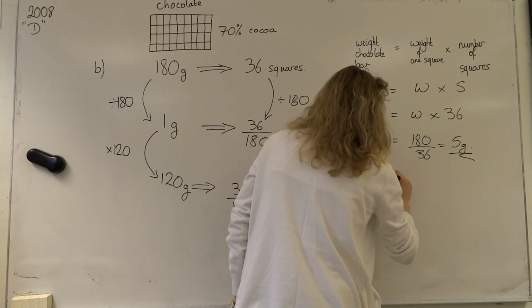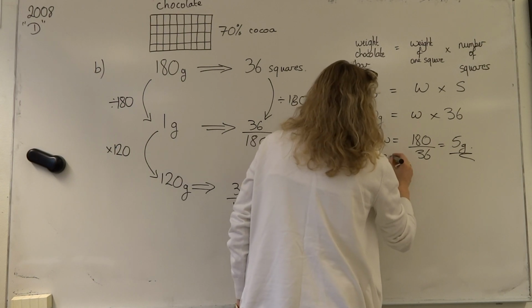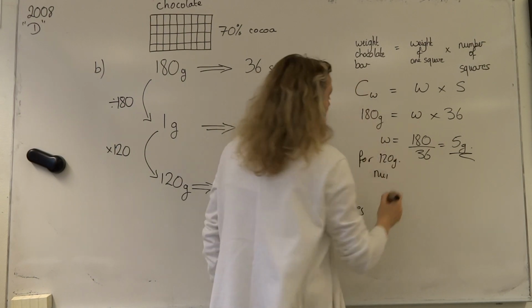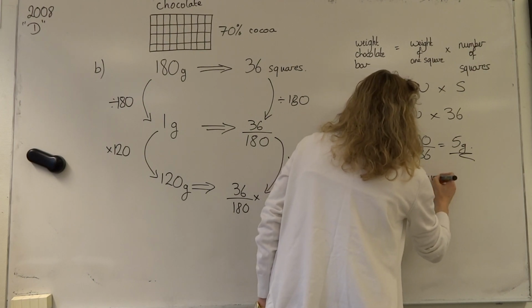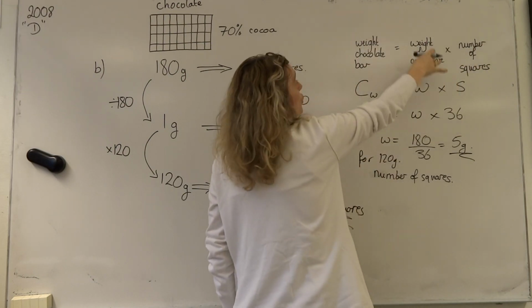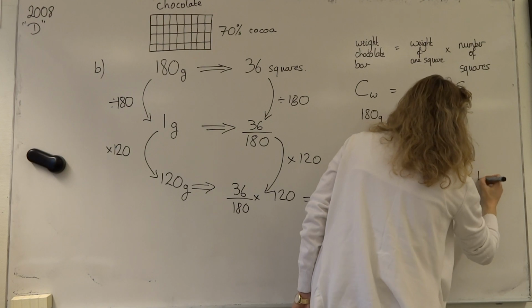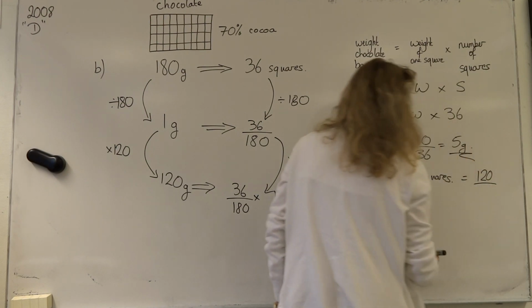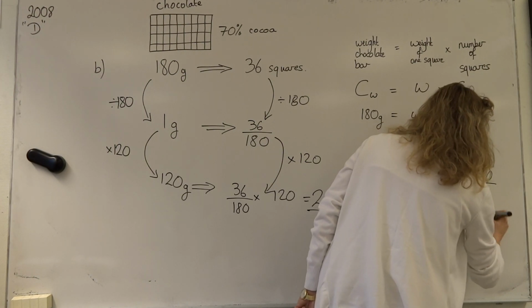That's for 180 grams. For 120 grams, it's the same formula. Using our algebra skills, the number of squares is the weight of the chocolate bar divided by the weight of 1 square, so 120 divided by 5, which is also going to give us 24.